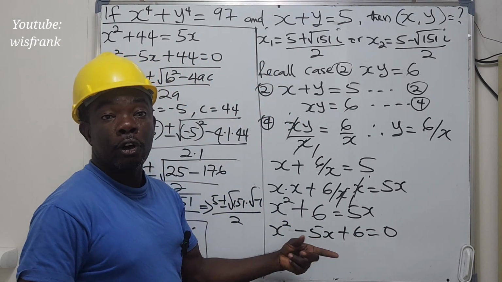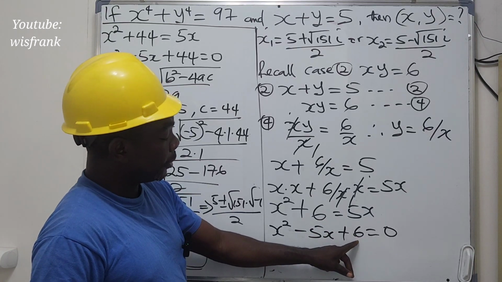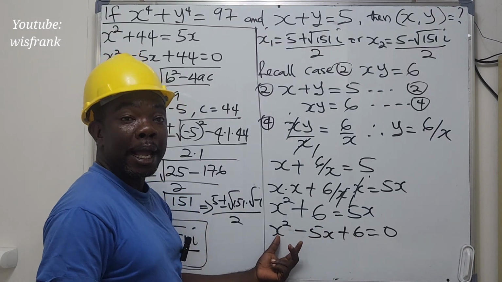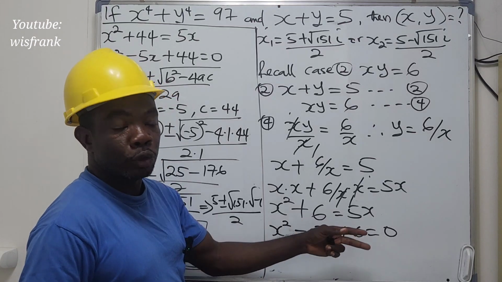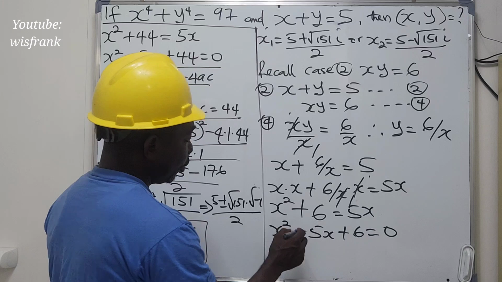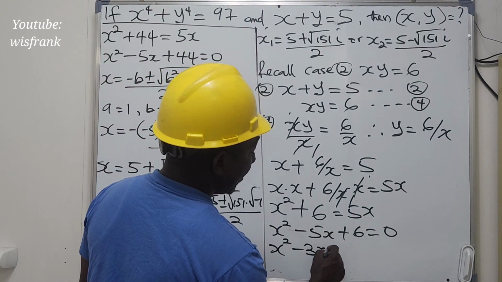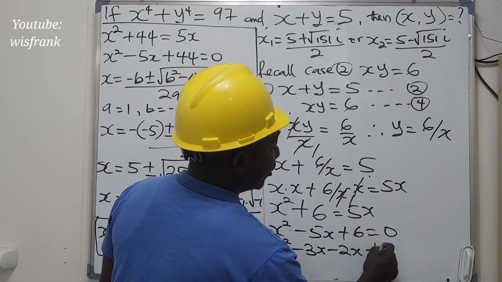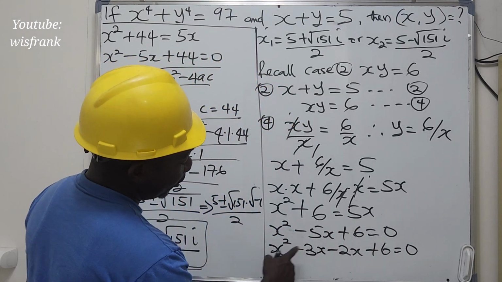So what we are going to do is use the factorization method to find the value of x, because factors of 6, when we multiply 6 by x to the power of 2, factors of 6 when we subtract, which is minus 3 minus 2, will give us minus 5. So this will become x to the power of 2 minus 3x minus 2x plus 6 equals 0. So in this case, we can factor this out.